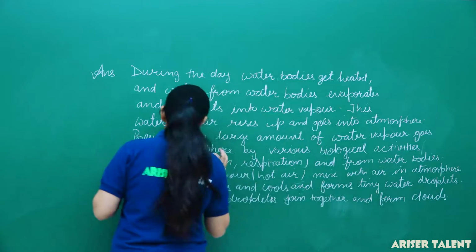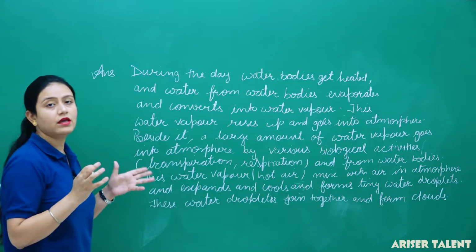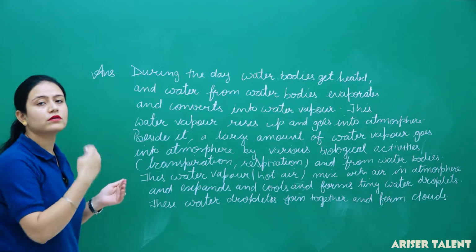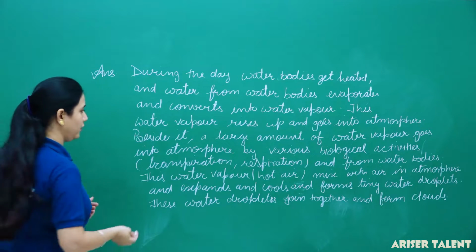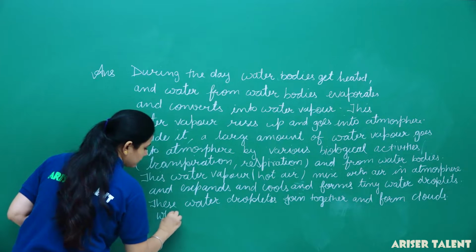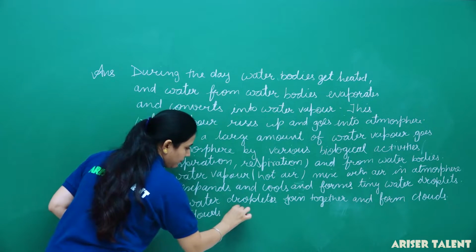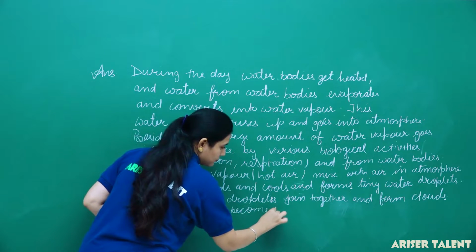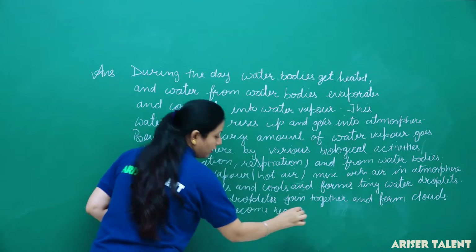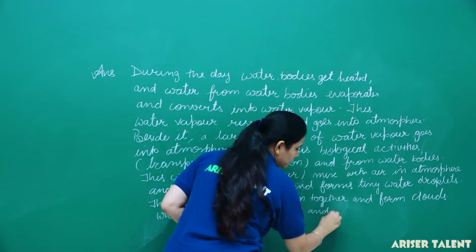When clouds become heavy and cannot hold water, then water falls on the earth in the form of rain.